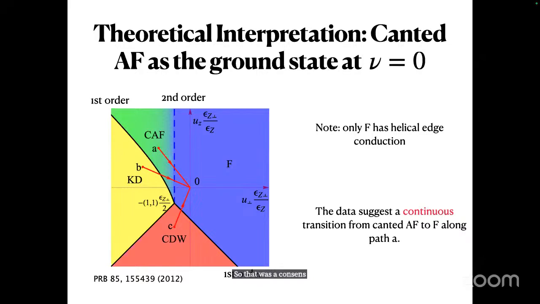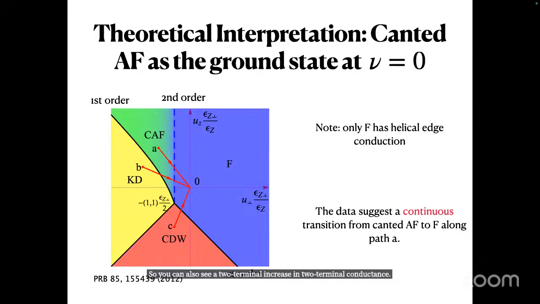But that was not very convincing, because even if you start off with a Kekulé distorted state, eventually, if you apply a strong enough magnetic field, the ferromagnetic state is going to come down in energy and become the ground state as well. So you can also see an increase in two-terminal conductance.